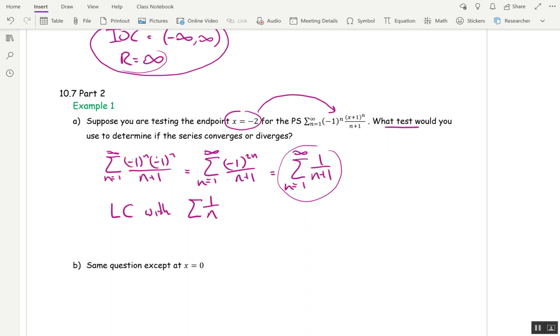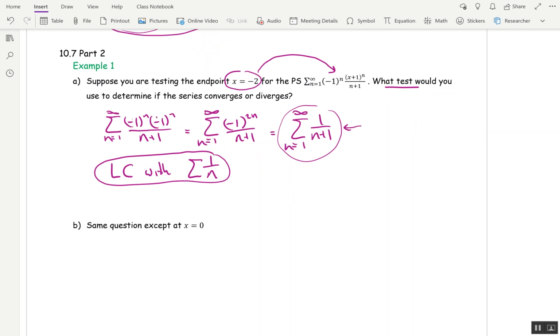So I would go ahead and do limit comparison. So that's the answer. I would use limit comparison with 1 over n, and this is why. And then you should go through and actually make sure you can do that test. Use the limit comparison test to show this series diverges. And I have that at the end of the lecture notes. I have a solution. So you might want to pause this video, make sure you can do that test correctly.